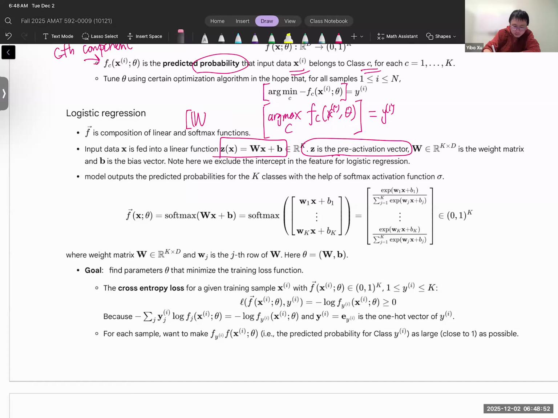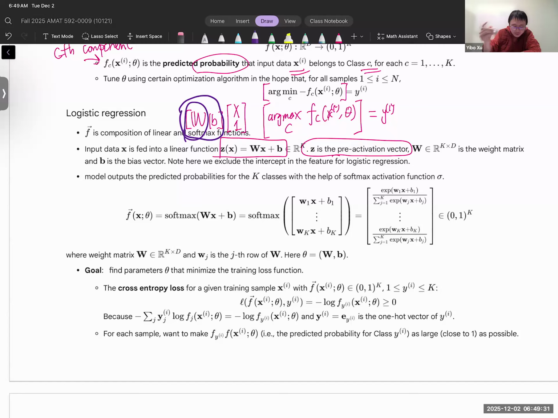Well, that's actually b. Earlier you have W. Earlier you have x as rows, so they are the data and W is the weights.